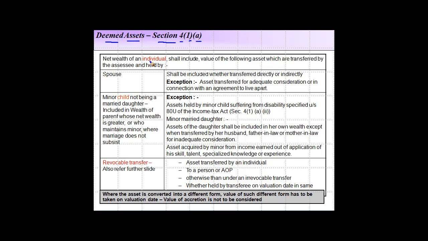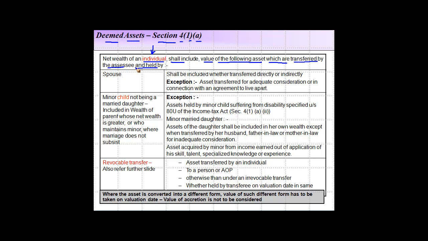Net wealth of an individual. Please note, this is making a specific reference to the individual. Shall include value of the following assets which are transferred by the assessee and held by.